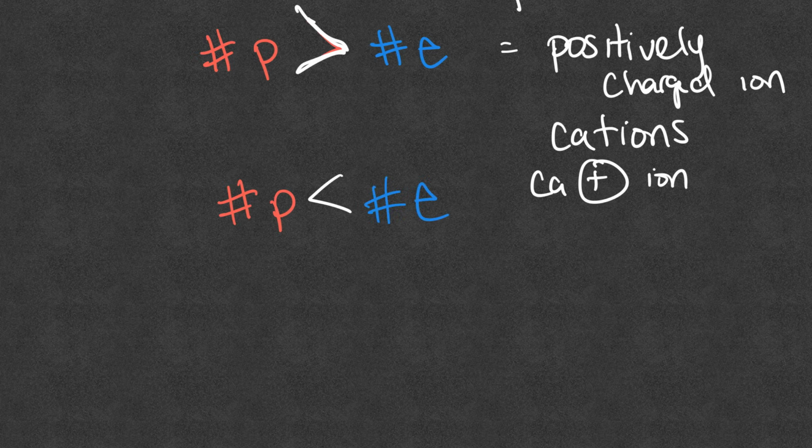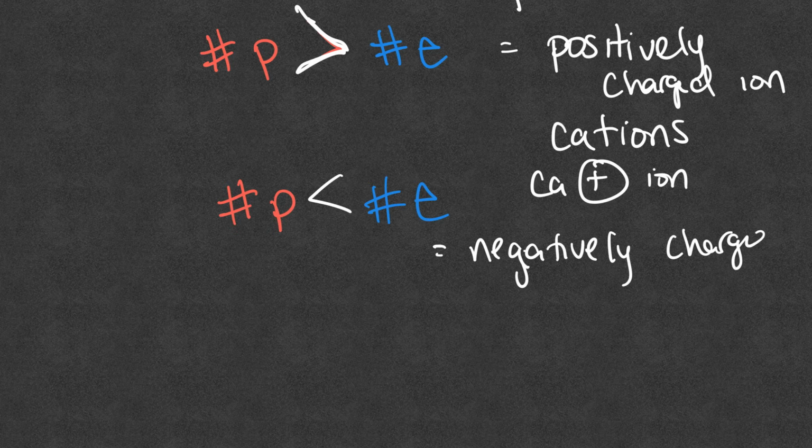While if the number of protons is less than the number of electrons, or in this case, the number of electrons is greater than the number of protons, then you have a negatively charged ion. When that's the case, we call this an anion. Anytime you hear the term anion, it is basically a negatively charged ion.